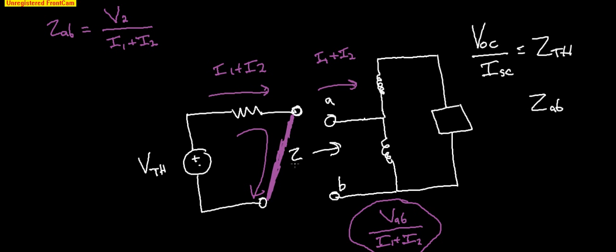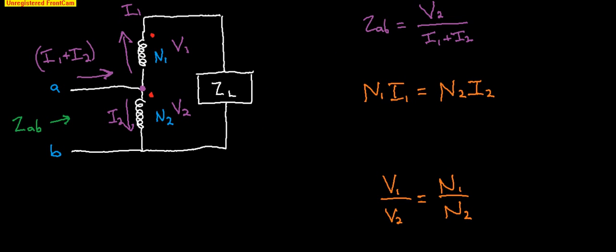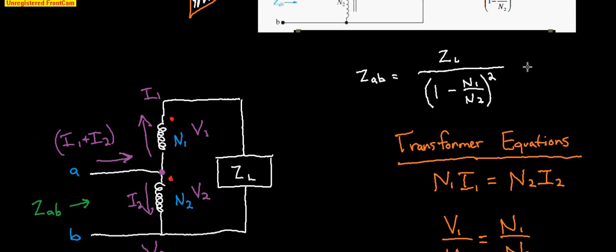Let's get back to the problem. Now we've established that ZAB is going to be equal to V2 over I1 plus I2. Now we need to put these V's and I's in terms of N's, because our final expression is in terms of ZL and N1 and N2.